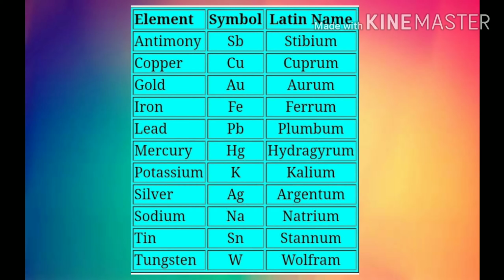That means cobalt Co, copper Cu, chlorine Cl, etc. And the third point is that some elements are written from their Latin names. Like copper is cuprum, Cu, sodium natrium Na, iron ferrum Fe, potassium kalium K, lead plumbum Pb, etc. So like that, he suggested how to write the symbol.